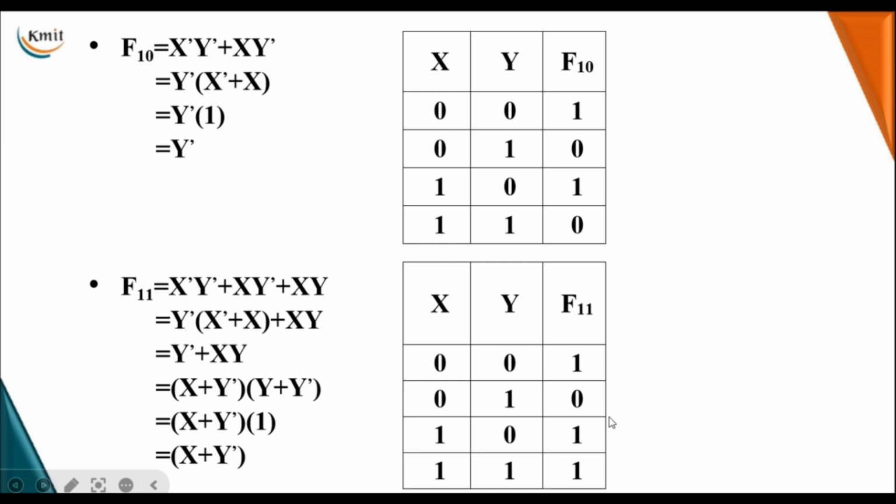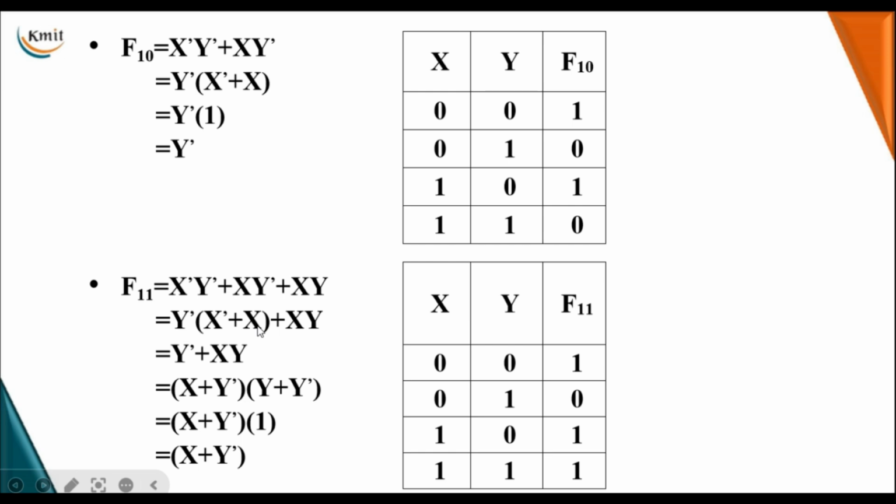F11 is having three functional values, logical one for the product terms x bar y bar or of xy bar or of xy. So now we write those three product terms, and from your first and second term, let me take y bar as common, then here we have x bar or of x or of xy.